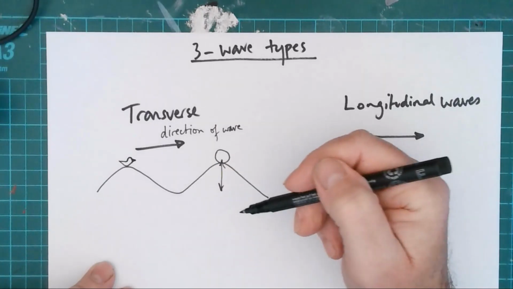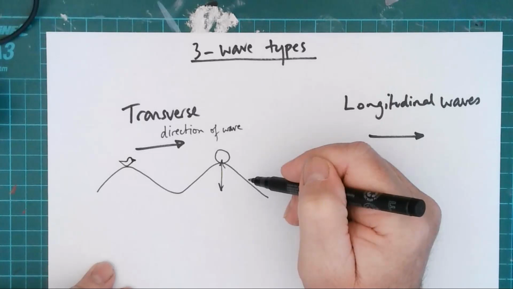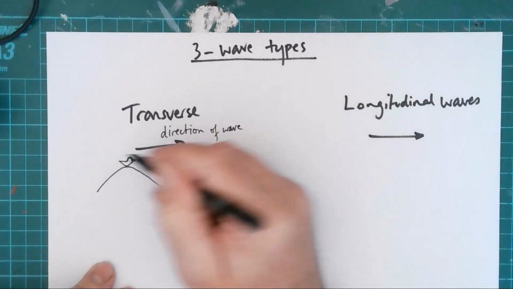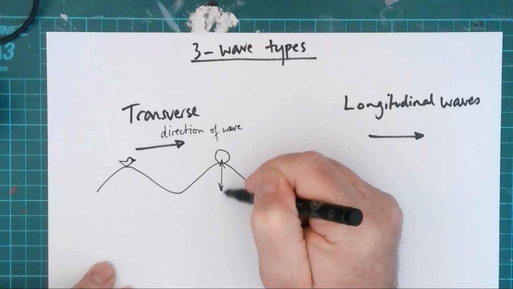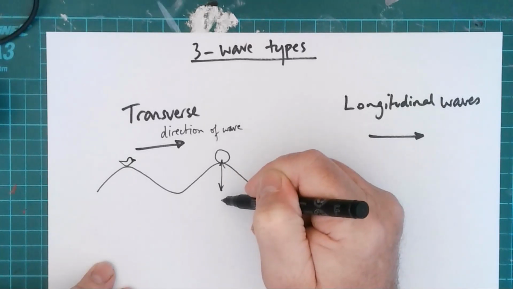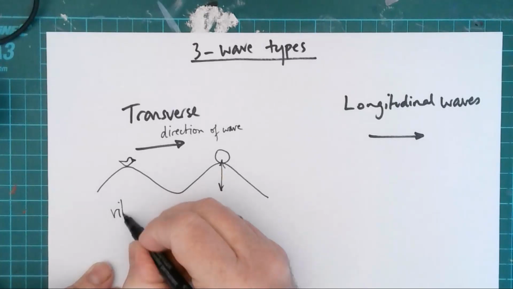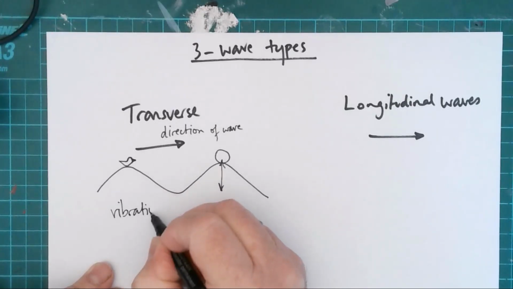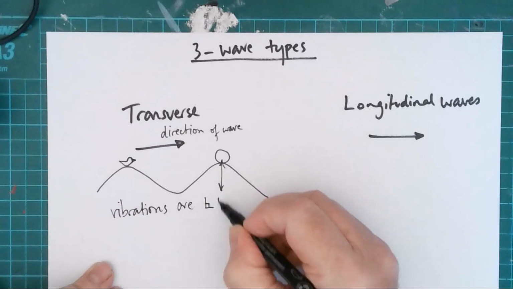Okay, so the direction of wave in this drawing goes left to right. I'm thinking about the vibrations going up and down. The important thing to point out here is that the vibrations are at right angles to the direction.